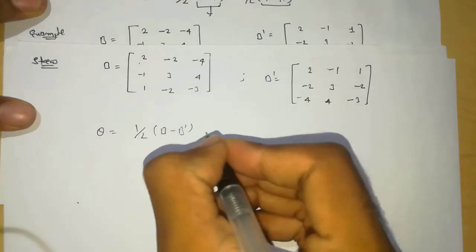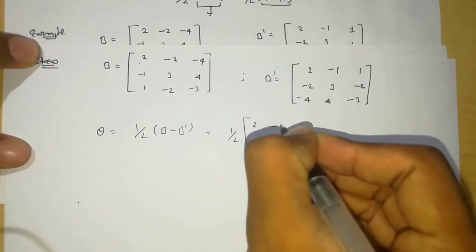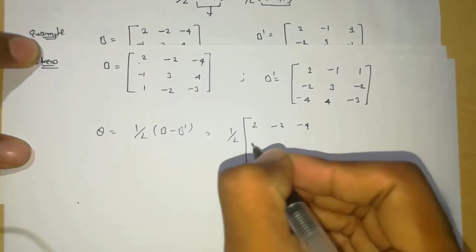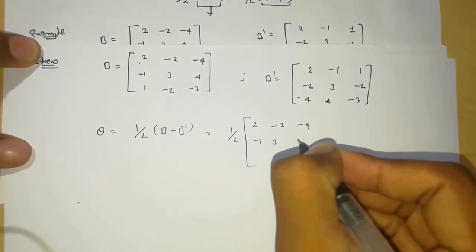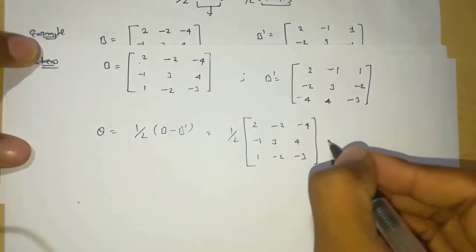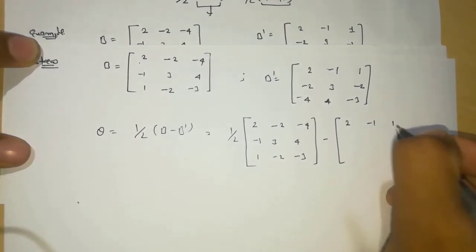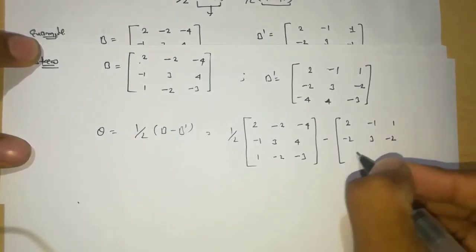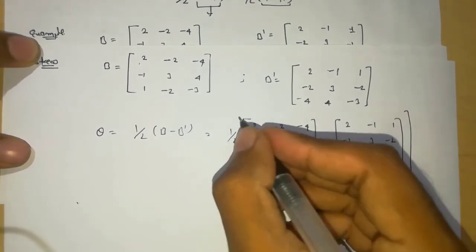Okay, now we will prove it for the skew symmetric matrix also. Take an example for the skew symmetric matrix. Similarly, we have a matrix B: 2, -2, -4, -1, 3, 4, 1, -2 and -3.